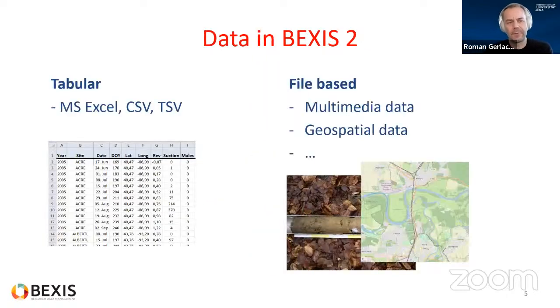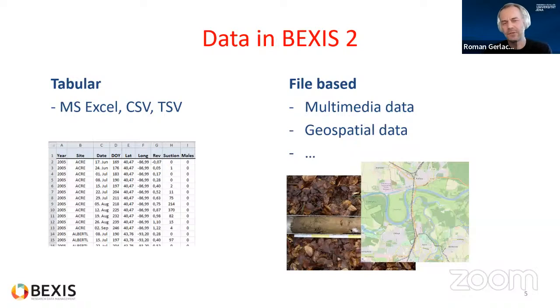As I mentioned, in BEXIS2, the data which is hosted there is mostly tabular. So the simplest way to have that is in Excel, CSV, or TSV formats. Of course, we prefer CSV and not Excel, but Excel is still highly required by many researchers, so we definitely need to support that, although it makes life a bit more complicated.